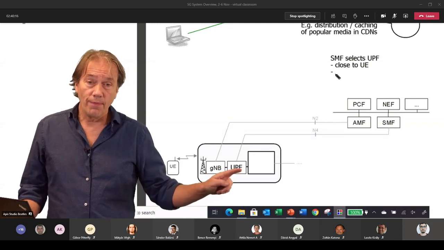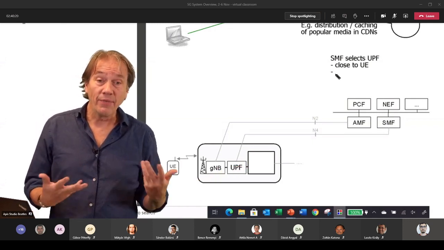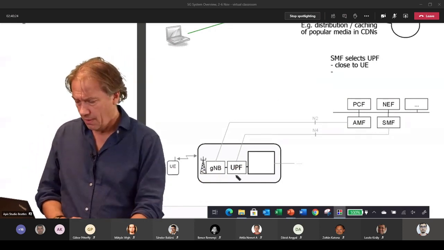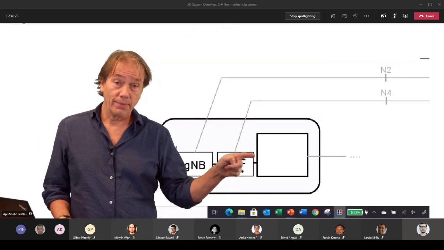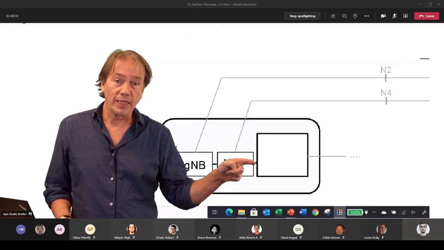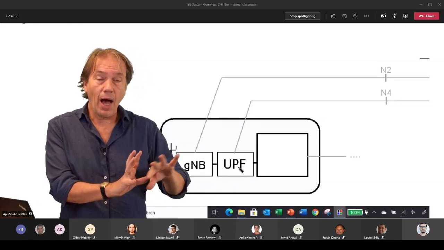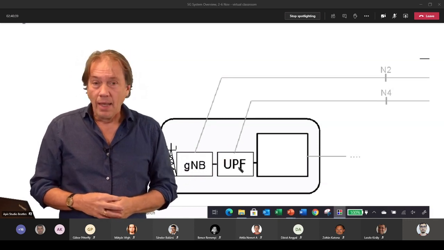Also, the UPF preferably has an interface to the data network. This tiny short black line here represents the N6 interface, if you remember, the interface on the outside of the 5G system into the data network.